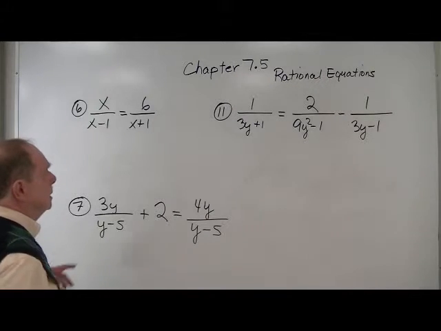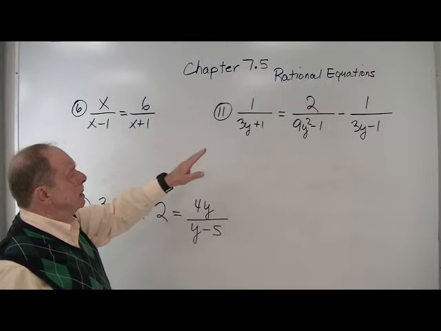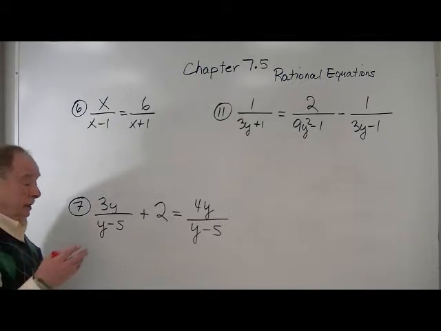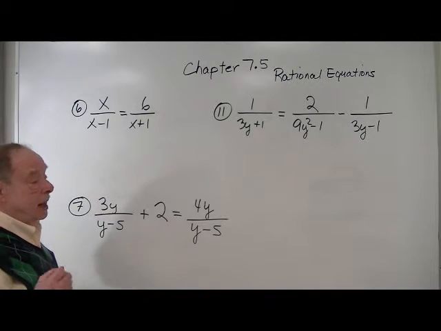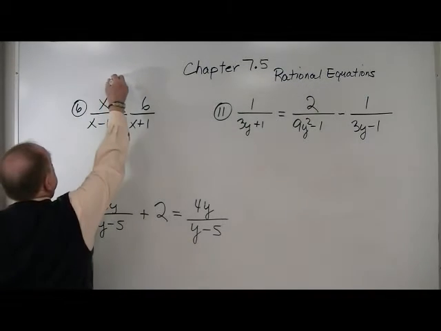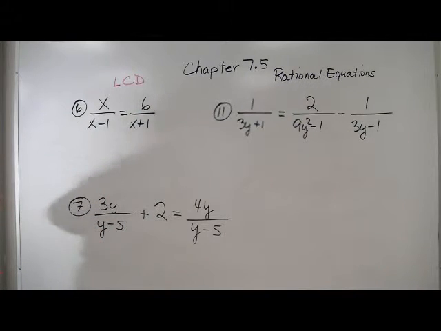Okay, as we move along, again, we're dealing with rational equations, fractional equations. And we know from an earlier chapter and our previous lesson, get rid of fractions by multiplying every term by the least common denominator.